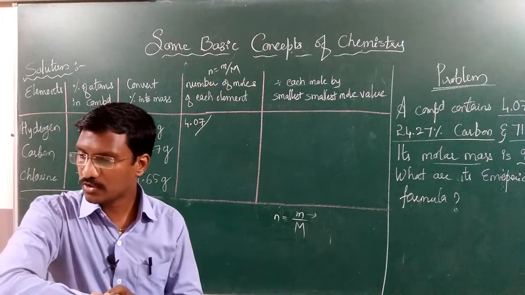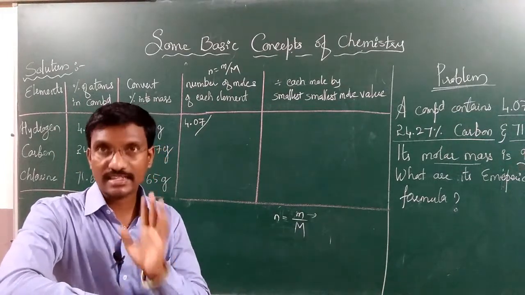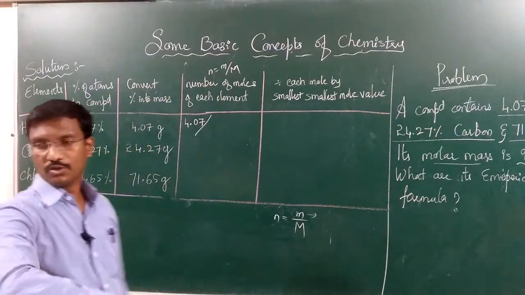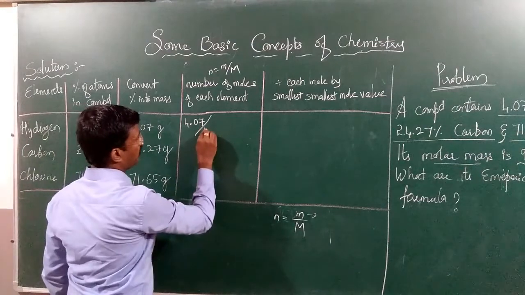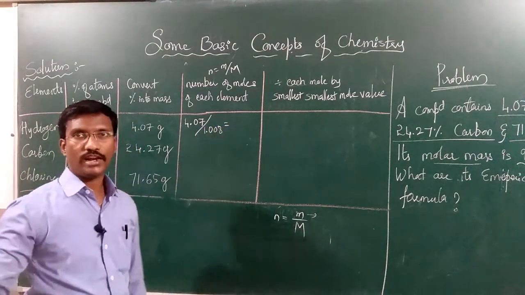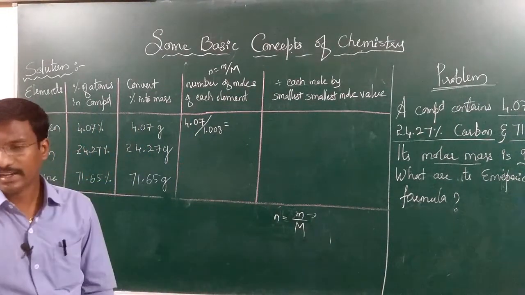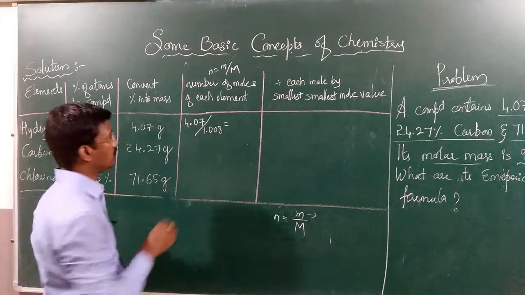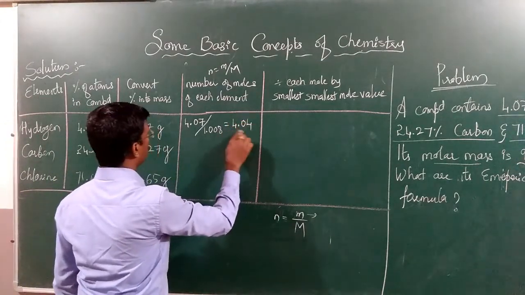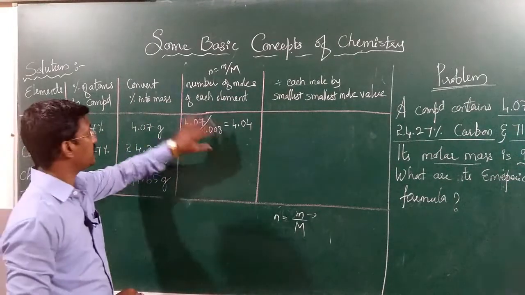A single hydrogen is having the mass 1. 1 is not accurate, but the exact molecular mass of hydrogen is 1.008. This is the mass of one hydrogen. Therefore, by dividing this one, we are going to get slightly 4.04. This is the number of moles of hydrogen present in this compound.